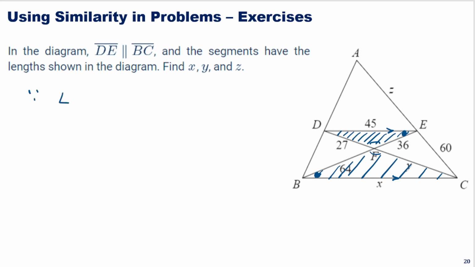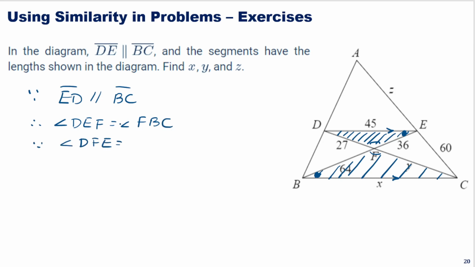So we could say since ED is parallel with BC, we have angle DEF equals angle FBC, and because angle DFE equals angle CFB, we have triangle FBC is similar with triangle FED.